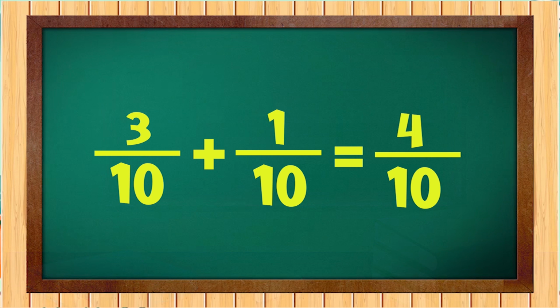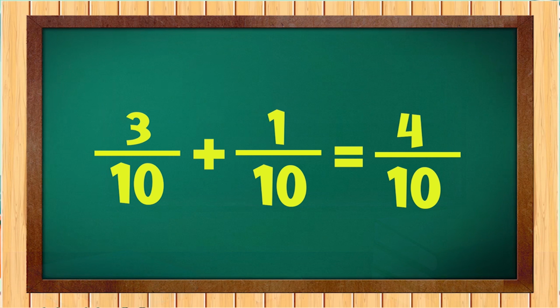So we have 4/10. But boys and girls, look at that fraction. Take a closer look at it. Is it in its simplest form? No, it isn't. Is it an improper fraction? Is the numerator greater than the denominator? No, it's a proper fraction, but it is not in its simplest form.